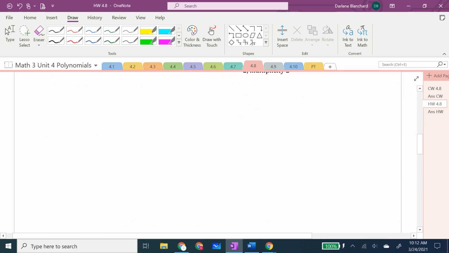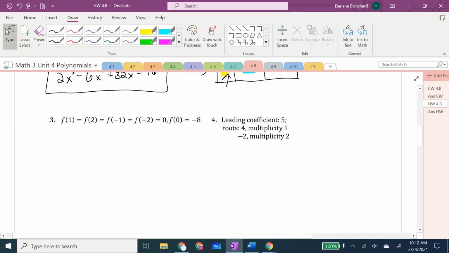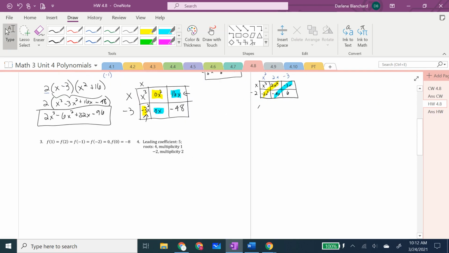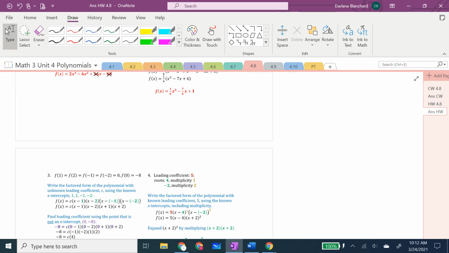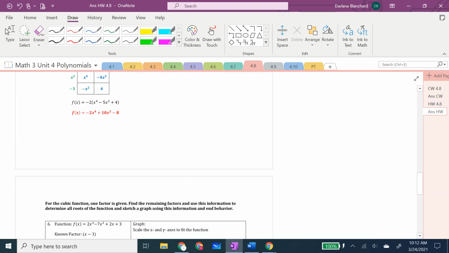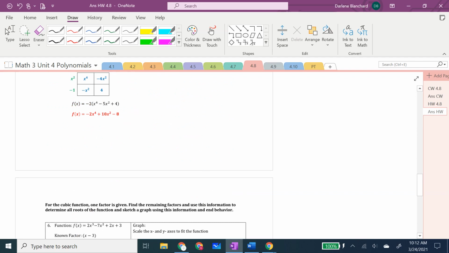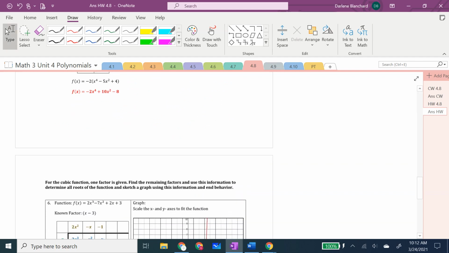Wait, where did that go? Oh, wait, do I even have a number 5? Okay, I messed up somewhere. So I had a number 5 in what I printed, but not here.